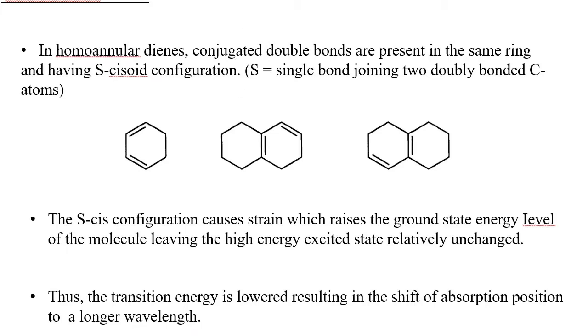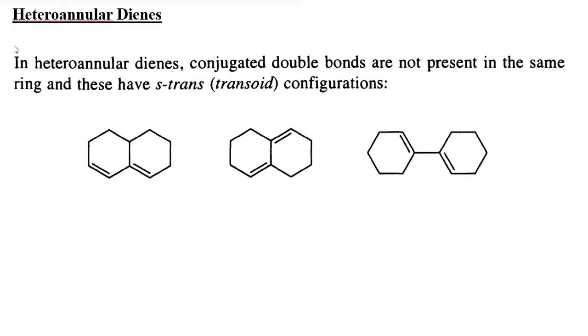Another type of conjugated cyclic diene is heteroannular diene. In heteroannular dienes, conjugated double bonds are not present in the same ring, as in homoannular dienes, and these have S-transoid configuration. You can see these three examples.